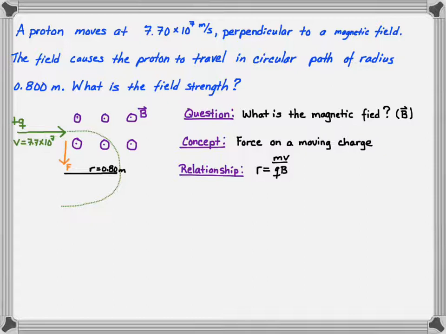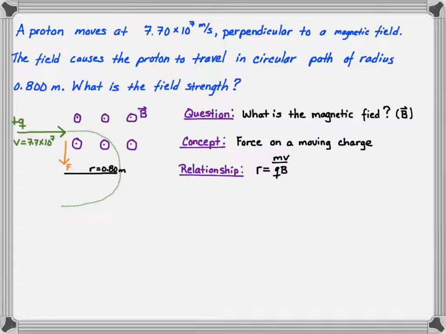This relationship can be found in your textbook, but it is derived from the force on a moving charged particle, where we know the force is equal to q times v times B. What you don't know is the amount of the force. The force is equal to mass times acceleration.